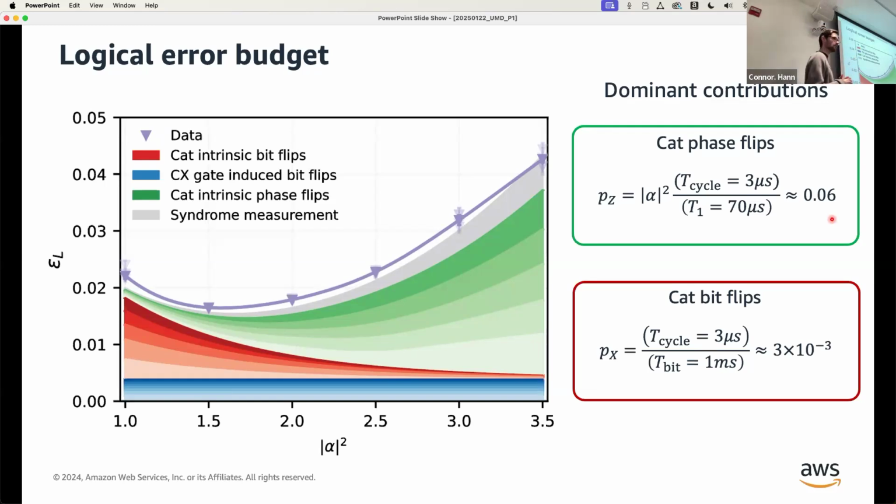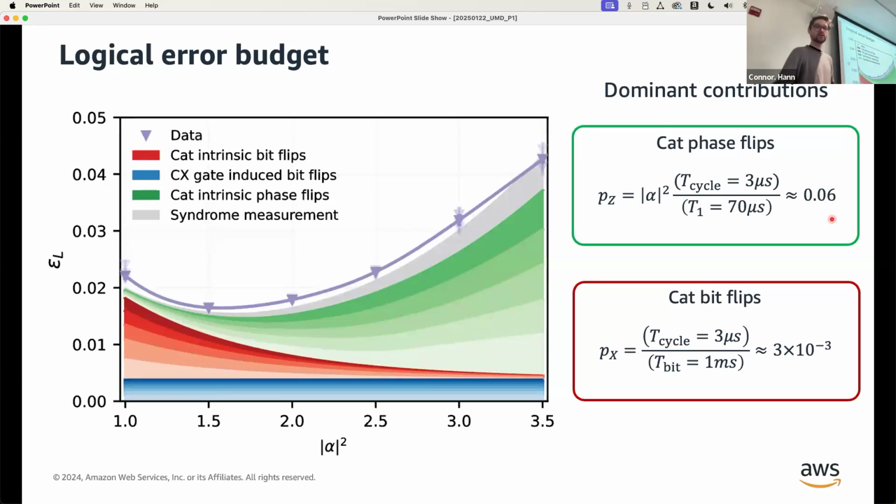But the reason we're not so concerned is that all we care about is that this phase flip rate falls below the repetition code threshold, which is itself something like 10 to 20%. So long as it's below that threshold, we don't care what its value is, because we can just make the code larger, and the logical phase flip probability should go down. So that's really why I haven't emphasized comparing the physical to the logical error rates here.